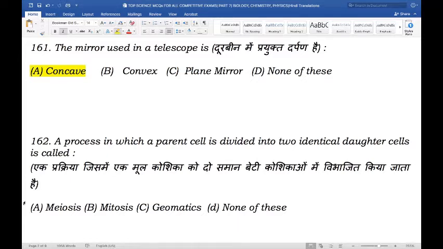And that process is called B, mitosis. Mitosis is the process in which parent cells divide into two daughter cells. In cell division, mitosis refers to the separation of duplicate genetic material carried in the nucleus.